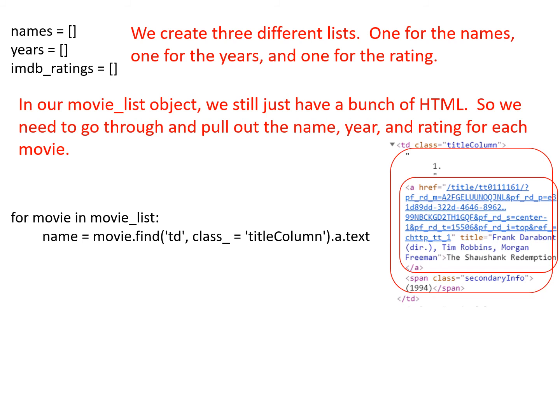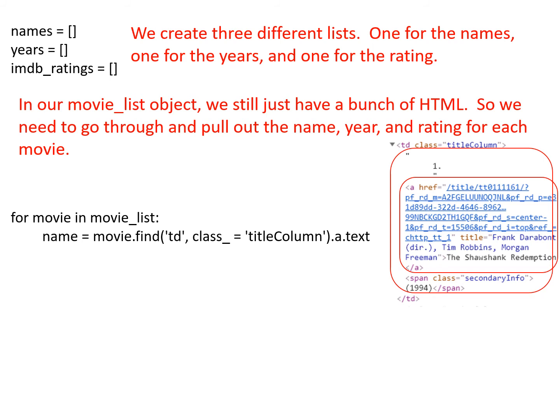So anyway, that's an A tag, and notice inside the A tag, besides the href and everything like that, you see just the name, The Shawshank Redemption, and that's what we want to pull out.